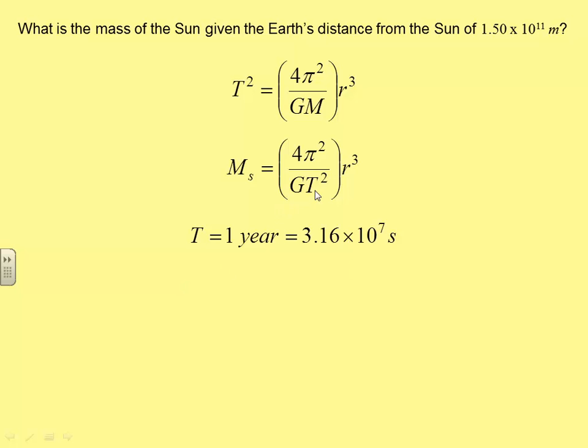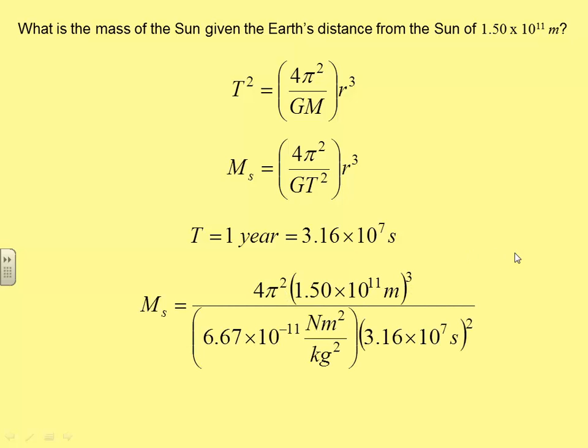But we have to realize that, of course, it takes the Earth 1 Earth year to go around the sun. That's 365.24 days, 24 hours in each day, 60 minutes in each hour, 60 seconds in each minute. If you do all that conversion, you get about 3.16 times 10 to the 7th seconds in 1 year. Plug all that in.